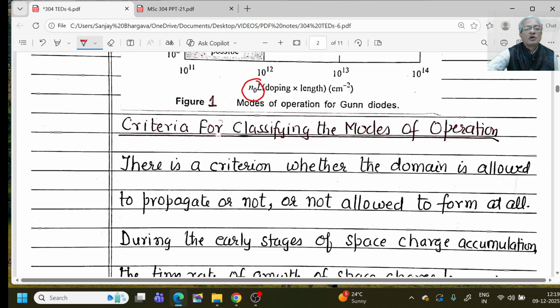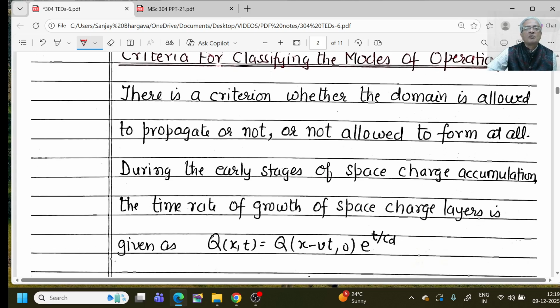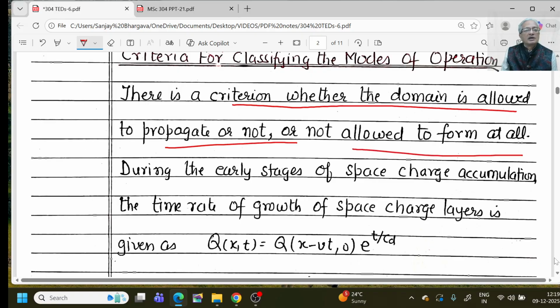Now let us find out the criteria for classifying the modes of operation. There is a criterion whether the domain is allowed to propagate or not, or allowed to form at all.